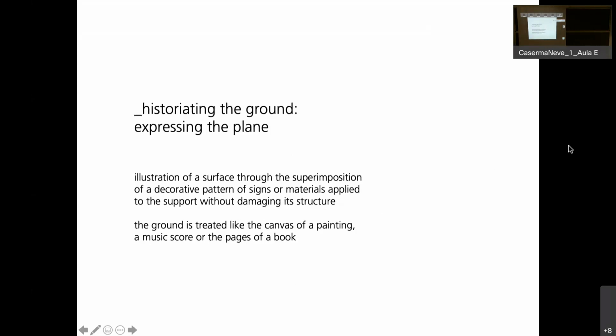So let's start again. We were saying that we have, in a way, it's again my proposal, but I divided this second part of the lectures in two different approaches to the ground.